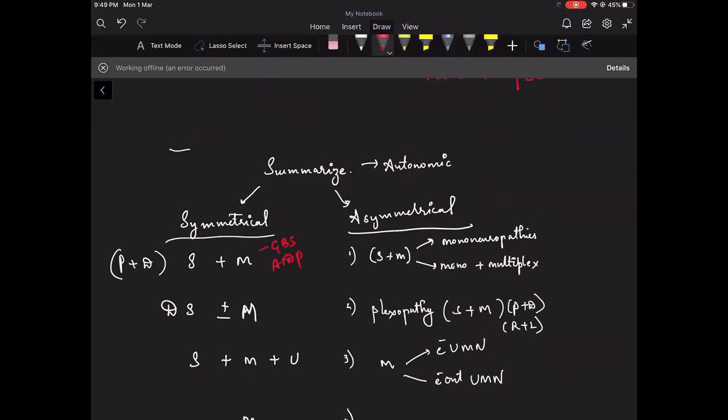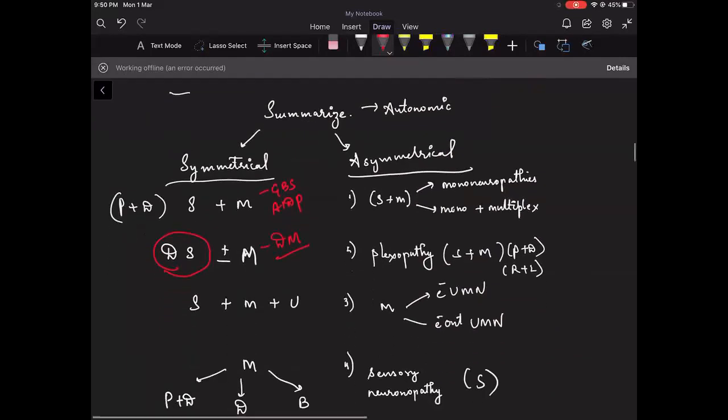In the symmetrical, the patient can have only distal involvement with or without motor involvement, and a classical example is diabetes mellitus. And if the patient is having both sensory and motor modality affected, with UMN signs, with symmetry maintained, we see vitamin deficiencies like B12, E, and along with that copper deficiency also, and adrenoleukodystrophy.